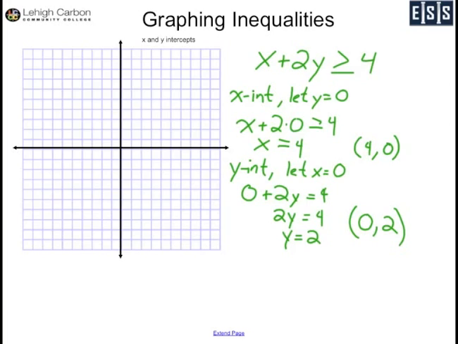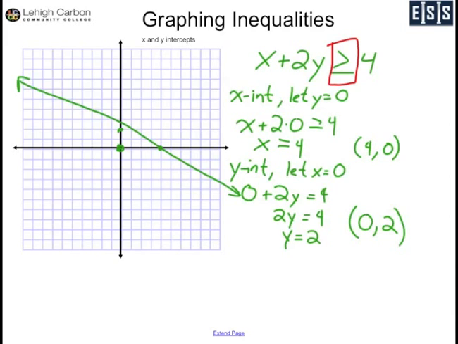I plot my 2 points: 4, 0, and 0, 2. This time, if I look at my equation, initially my inequality had the symbol greater than or equal to, so this time I am going to use a solid line instead of a dashed line. So I'm going to go like this through my points. Pick a point not on the line to test. Again, I like 0, 0 whenever I can.